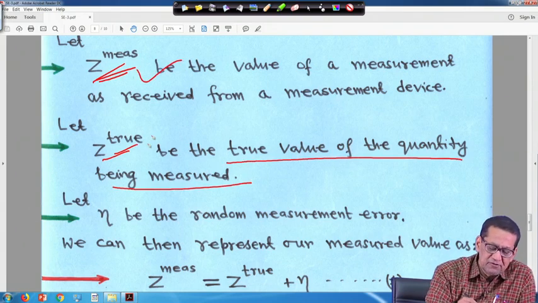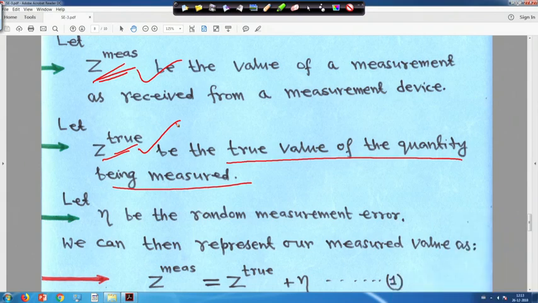This is the measured value and this is the true value, right. Now, let zeta be the random measurement error. Therefore, we can write that Z measured is equal to Z true plus zeta. This is equation 1.